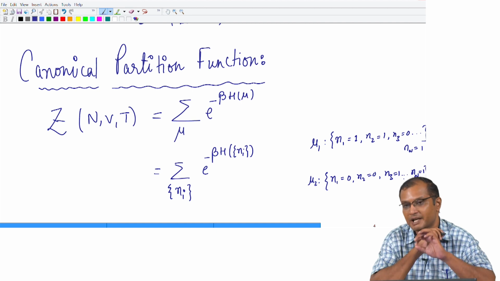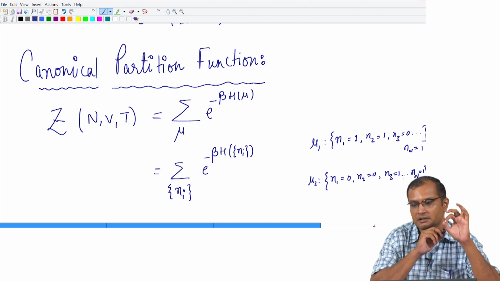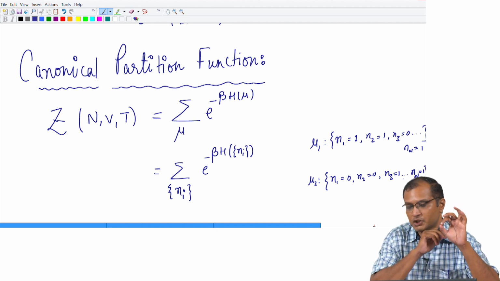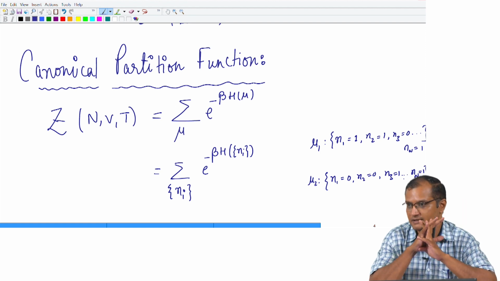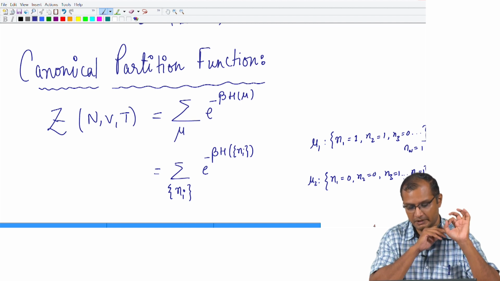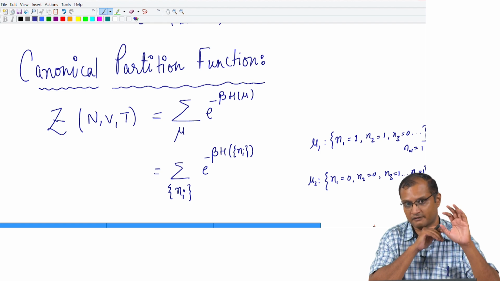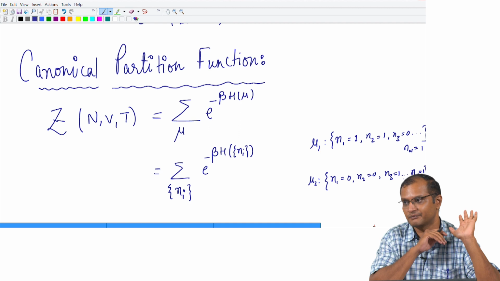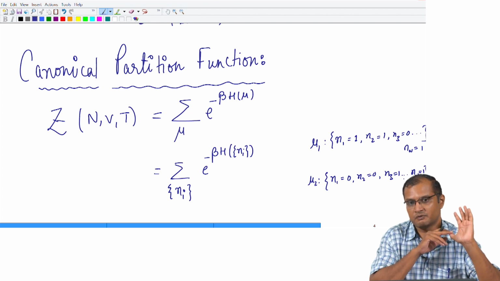So, each microstate is a set of specified values of ni's in such a way that the temperature is T in the thermodynamic limit. Okay. Energy is not fixed anymore. So, you can actually make all ni's to be 1. This would be like all particles are in the top floor or the excited state, which we know is a very difficult thing to obtain, but in principle that realization is also allowed.